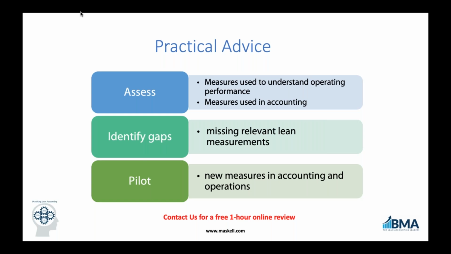What's missing? We've seen cases where some current measurements qualify as lean performance measurements. That's great. And then after you do that, begin piloting the new measures in accounting and operations.